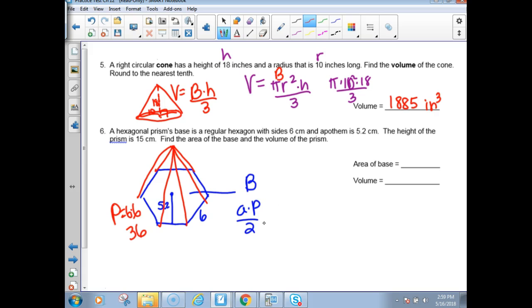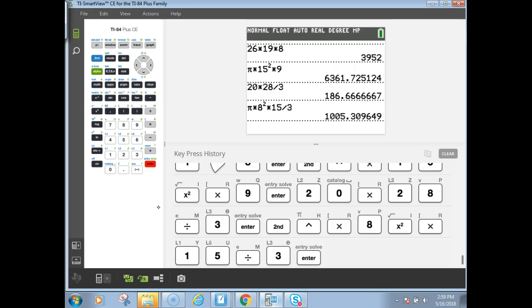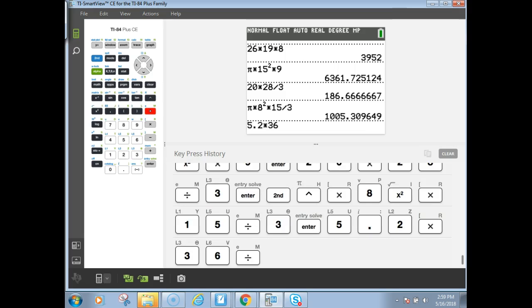So we're doing the base area is apothem, which they said is 5.2. The perimeter is 36. So we've got to do 5.2 times 36 divided by 2 for my base area. Let's figure that out right now. So 5.2 times 36 divided by 2.